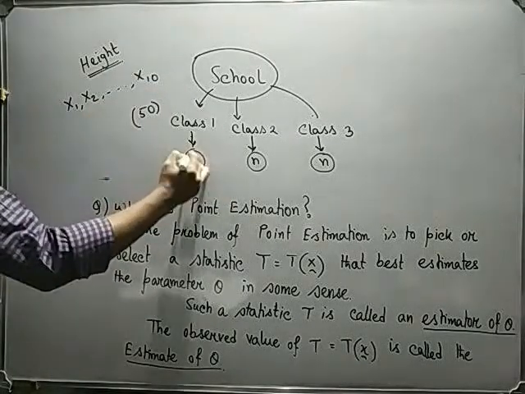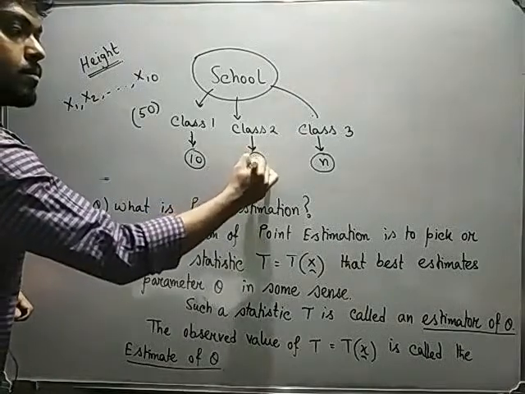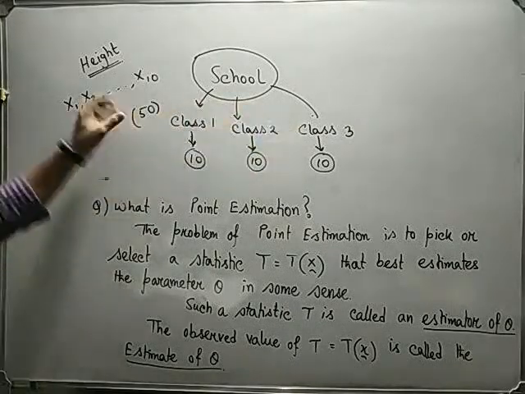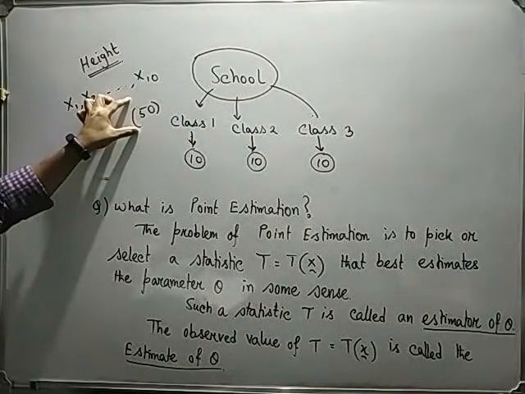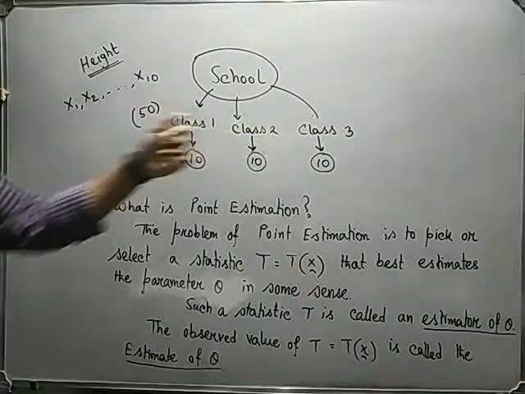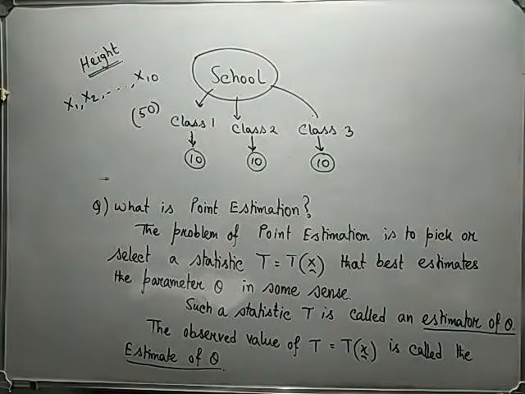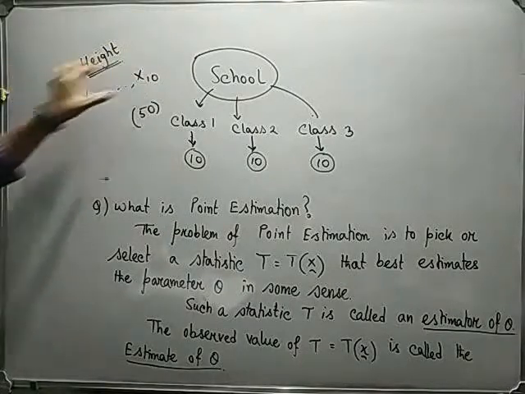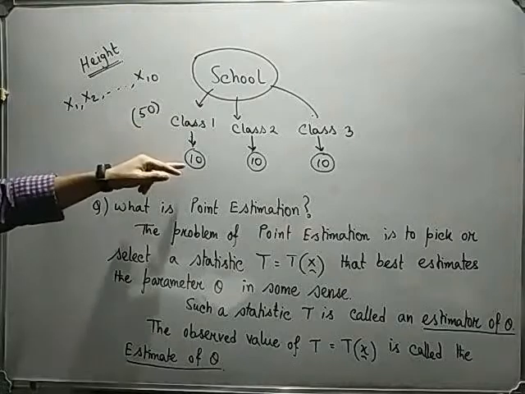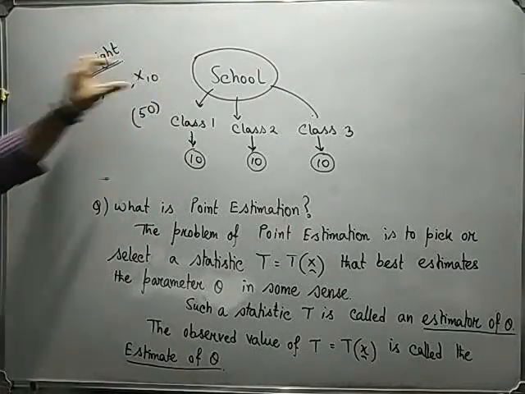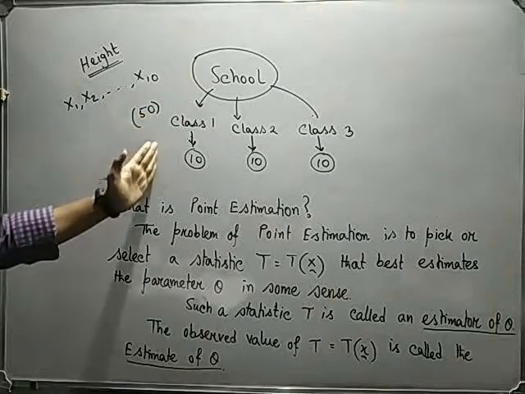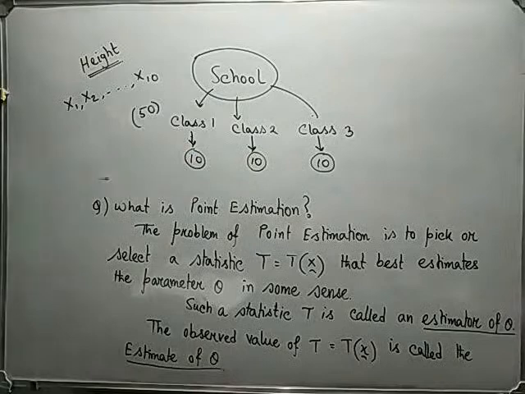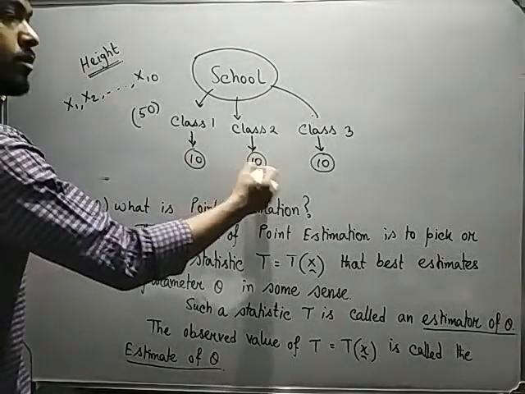Each class has 50 students, and we have chosen 10 students randomly from each class. This is my random sample, and it can take any value. For class 1, these values of x1, x2, up to x10 are obviously different from the values chosen from class 2.